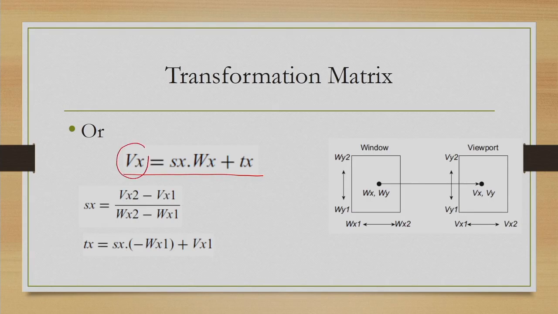So, we can represent the x coordinate of the point in the viewport in terms of the x coordinate of the point in the window and these two constants, which are defined here in terms of the window and viewport sizes.